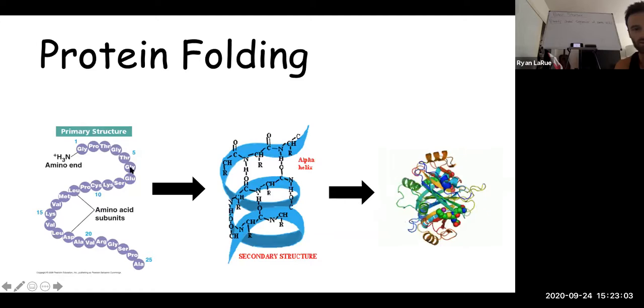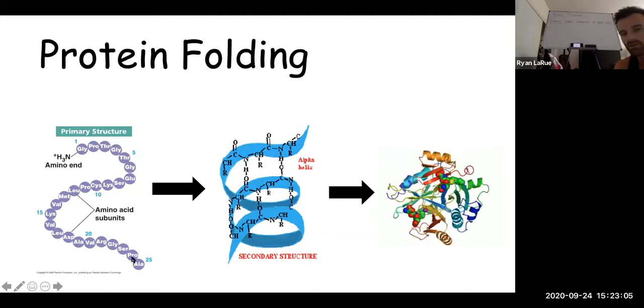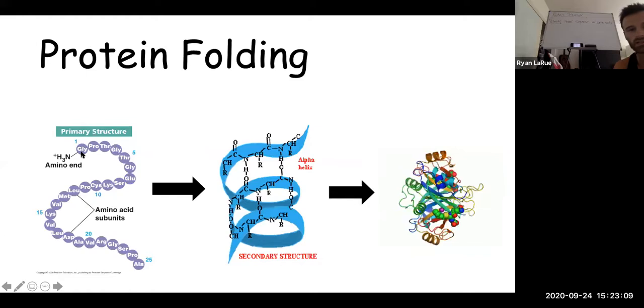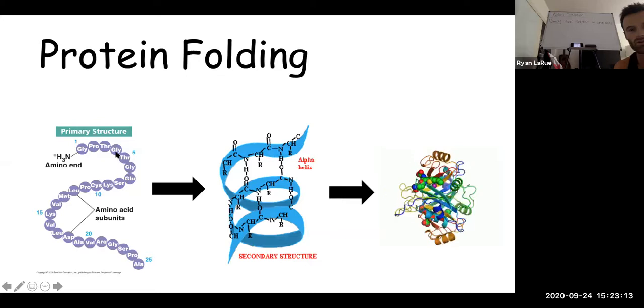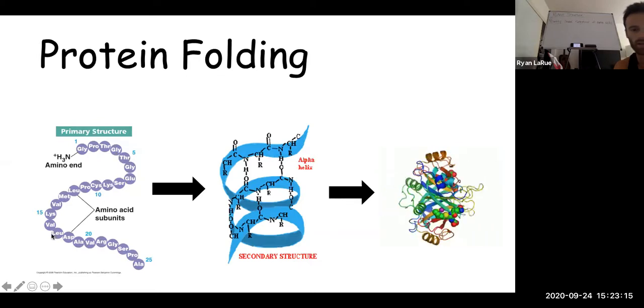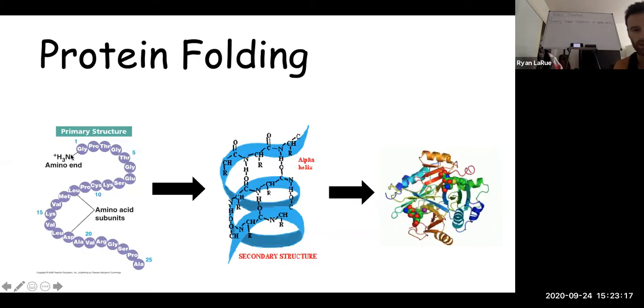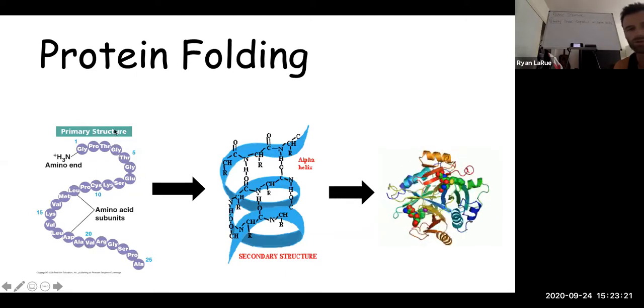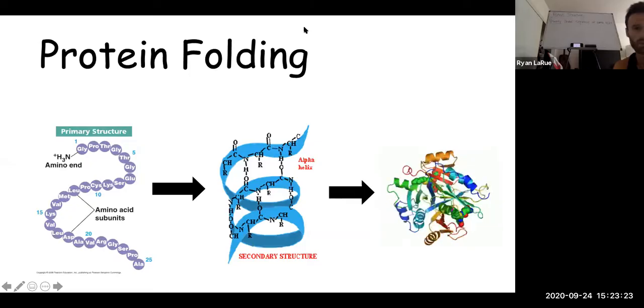Remember, there's 20 different amino acids. So we have glycine, proline, threonine, another glycine, threonine, glycine, glutamine, serine, blah, blah, blah. And they're all attached to each other in this linear sequence. That's what we mean by primary structure.